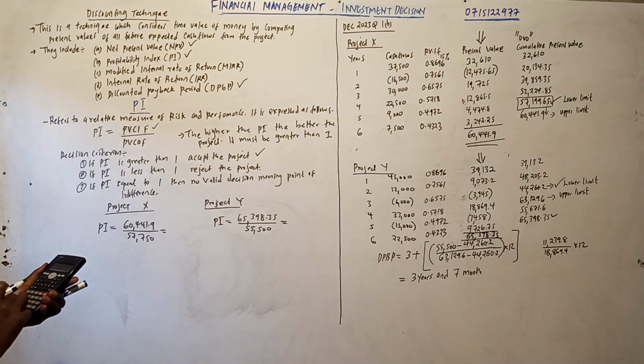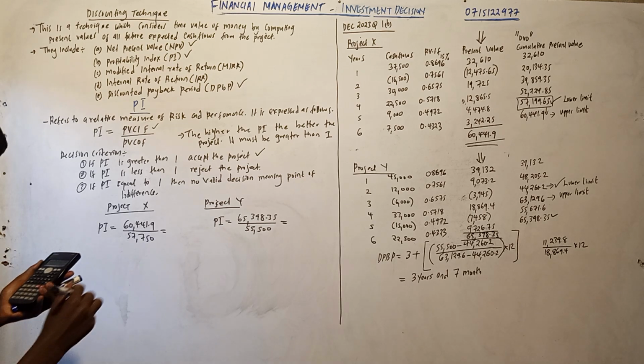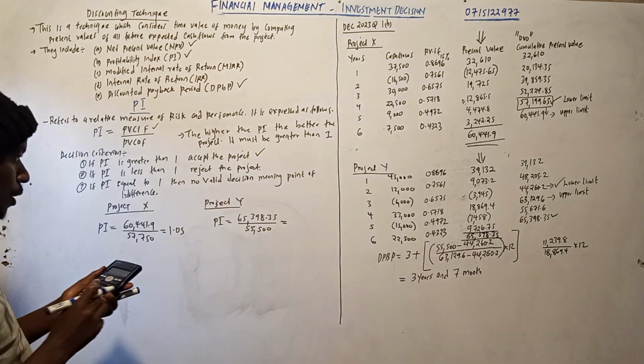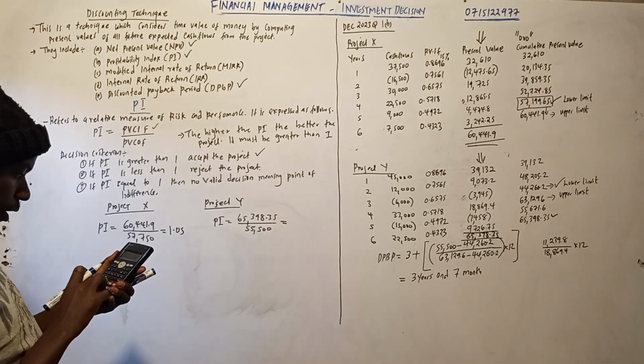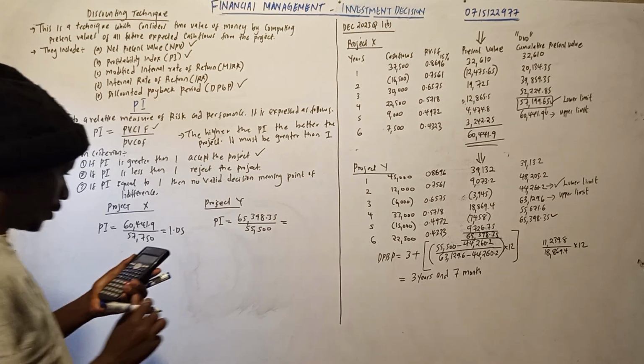So let us see, 16,441.9 divided by 57,750. Hii ni 1.05. Hii ni 65,398.35 divided by 55,500. This is 1.18.